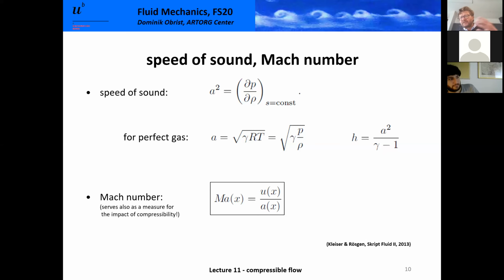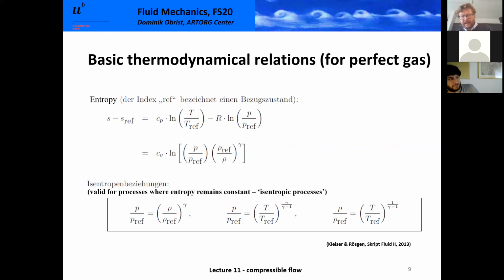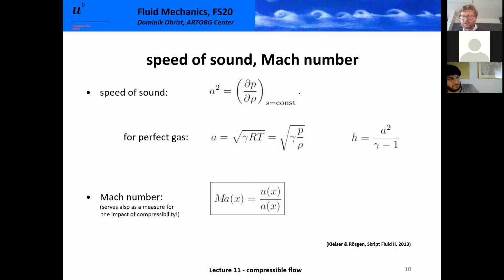We can use our isentropic relations. I switched one slide back. Look here, the first formula relates P as a function of rho. So you can actually use this formula to take the derivative, the partial dP d rho. If you do a bit of algebra, you will end up with these expressions down here.